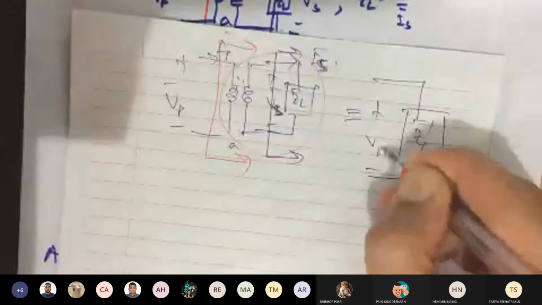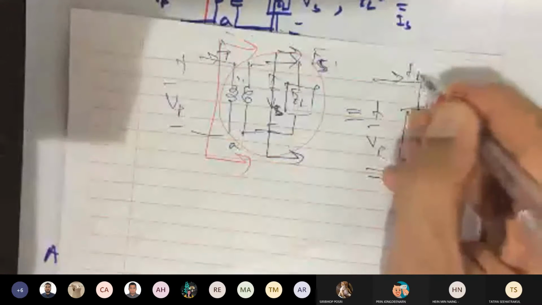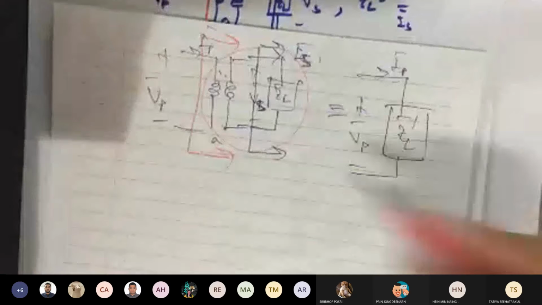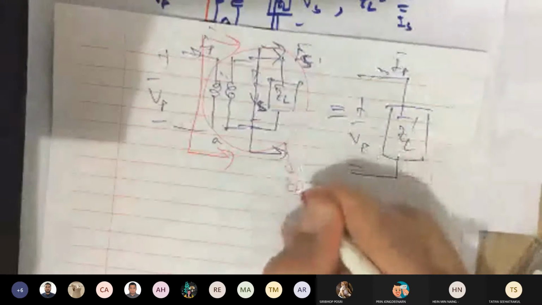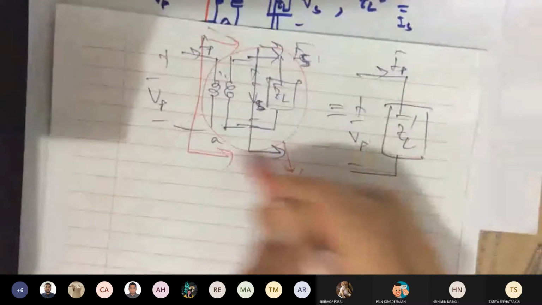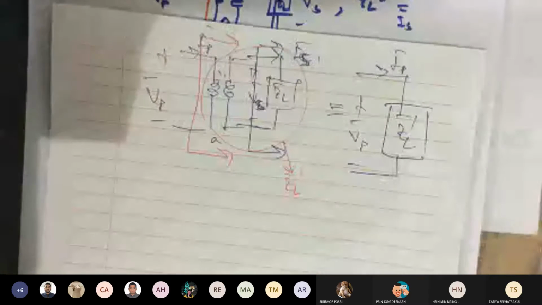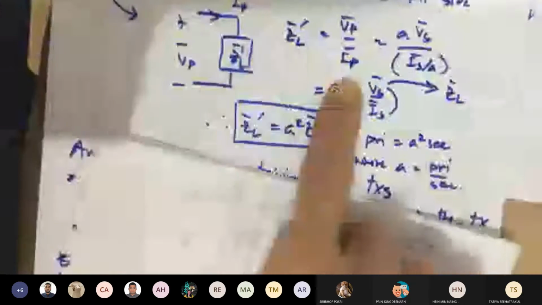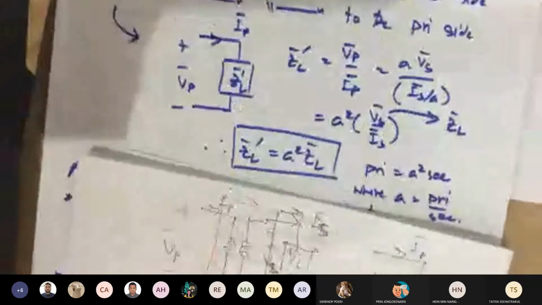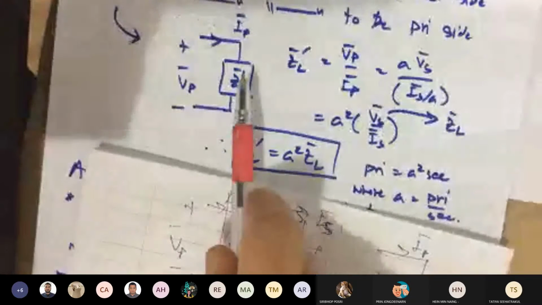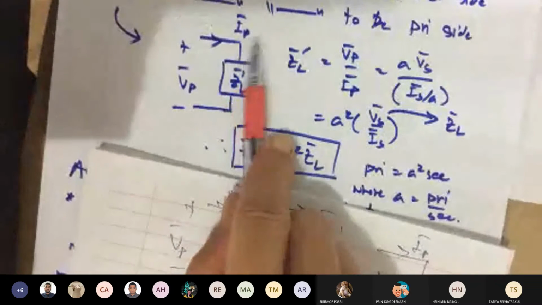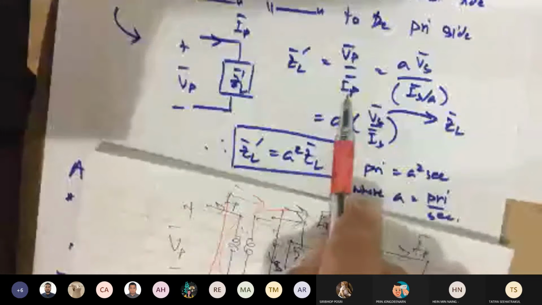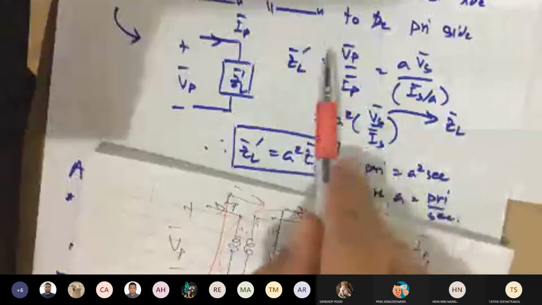While this is still VP, IP, where this whole red thing, this is ZL prime. See? So far so good. That's what I have here in the bottom. And based on the same definition, it means that ZL prime has to be the ratio of the voltage divided by the current, VP over IP. So far so good.